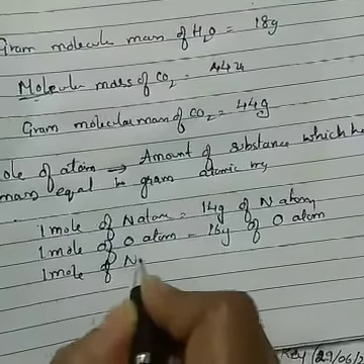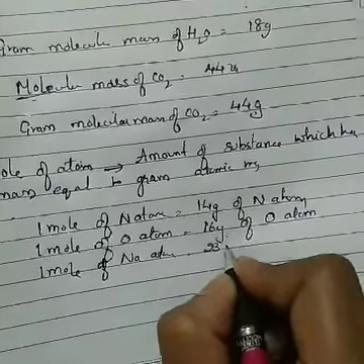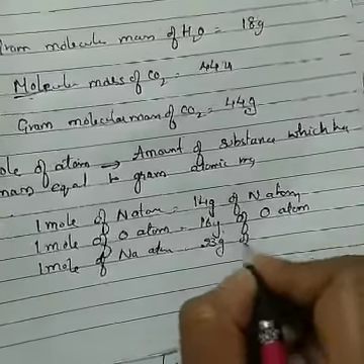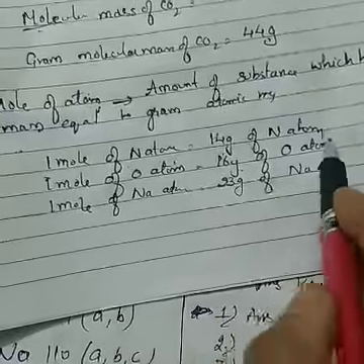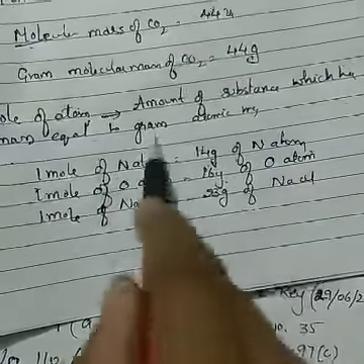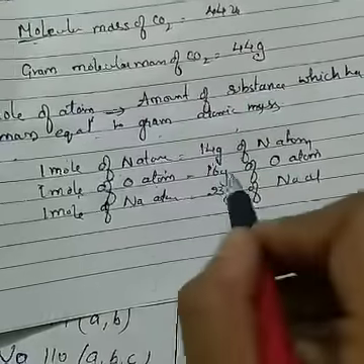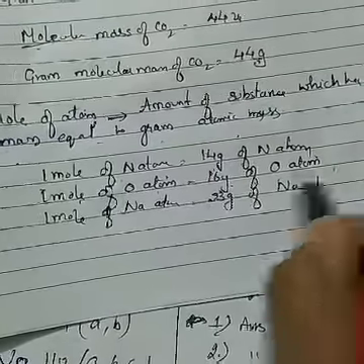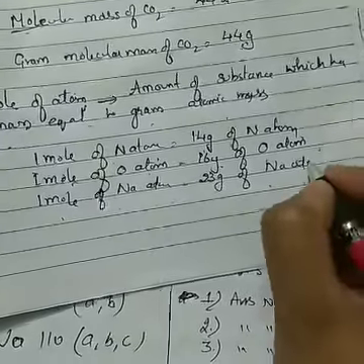If I take 1 mole of sodium atom, what is the atomic mass? It is 23 U. So 23 grams of sodium atom. That is, the mass equals the gram atomic mass.